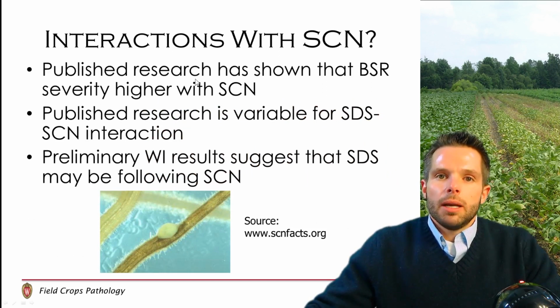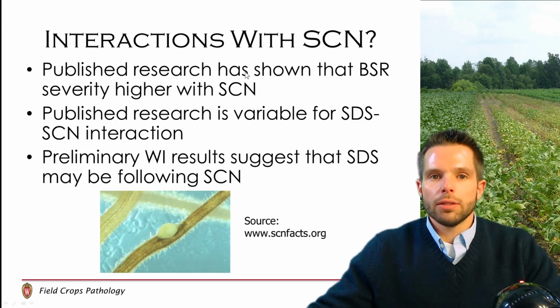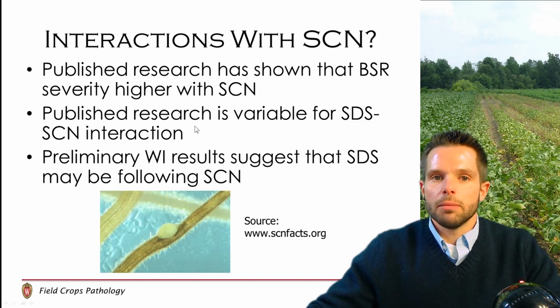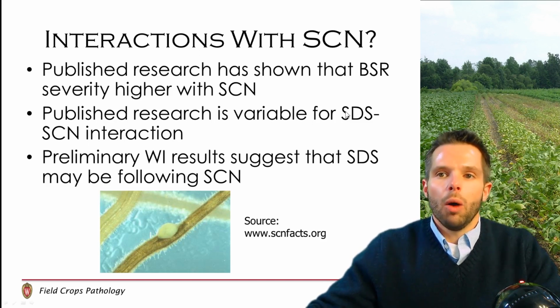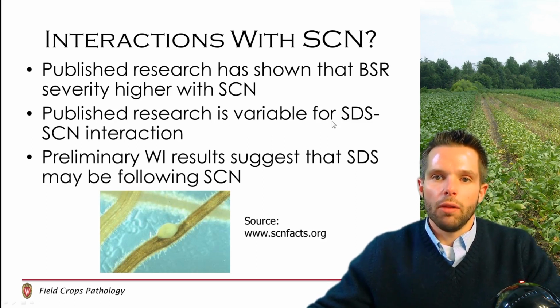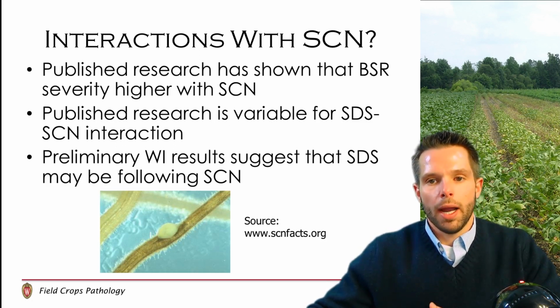Again, I mentioned a little bit about the interactions of SCN with brown stem rot, but there is also some published research to show that there could be some interactions of SCN with the sudden death syndrome pathogen. Although in Wisconsin we know that when the two do appear in the same field, the severity of symptoms can be quite high.